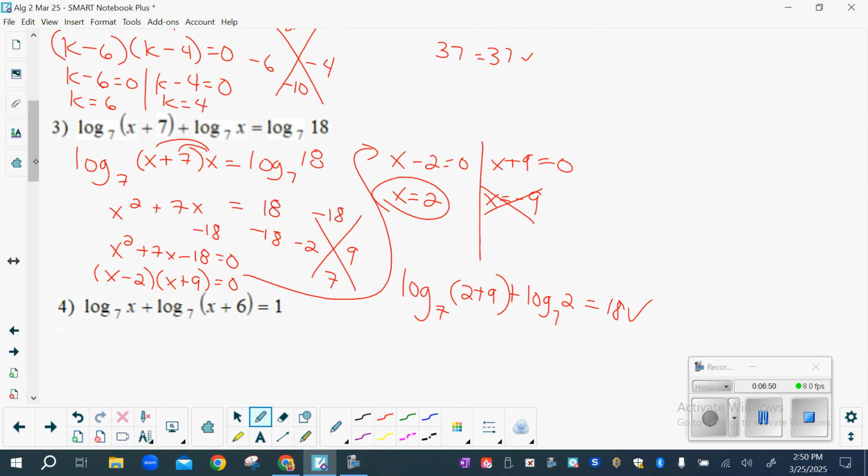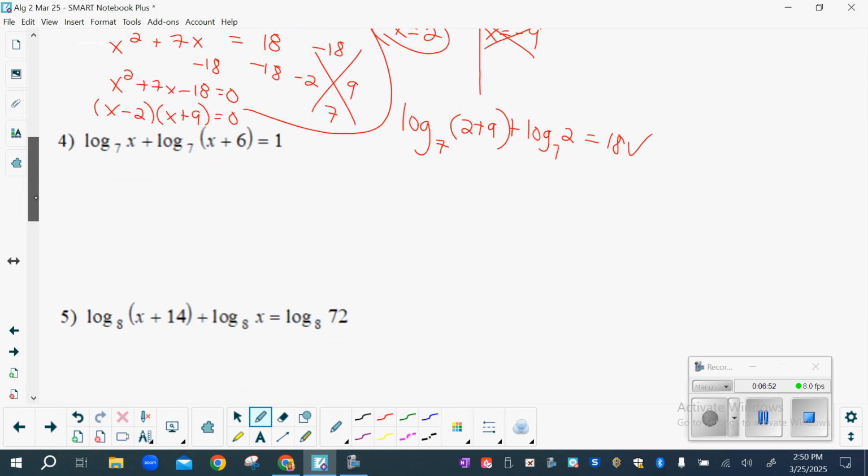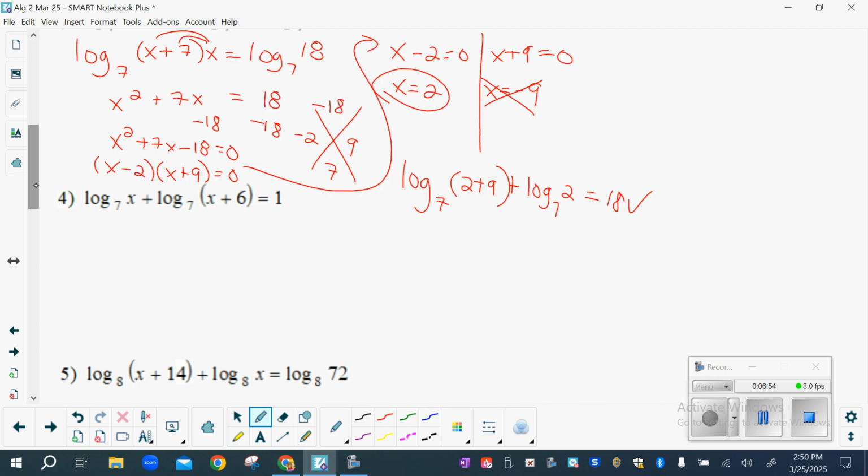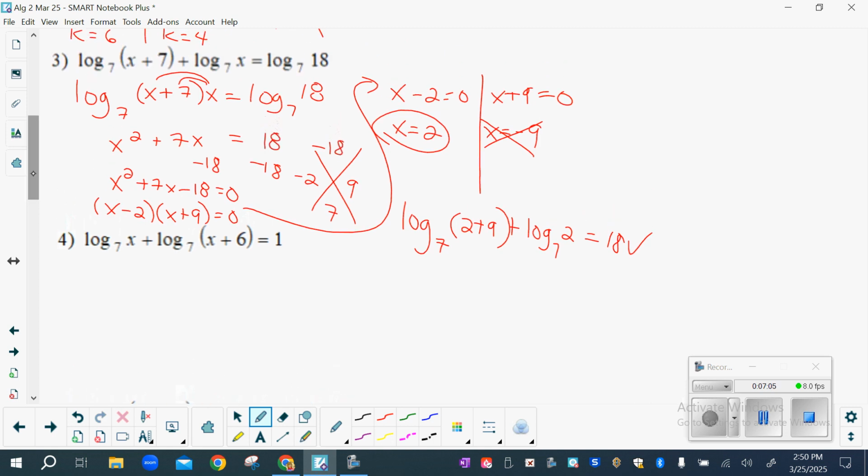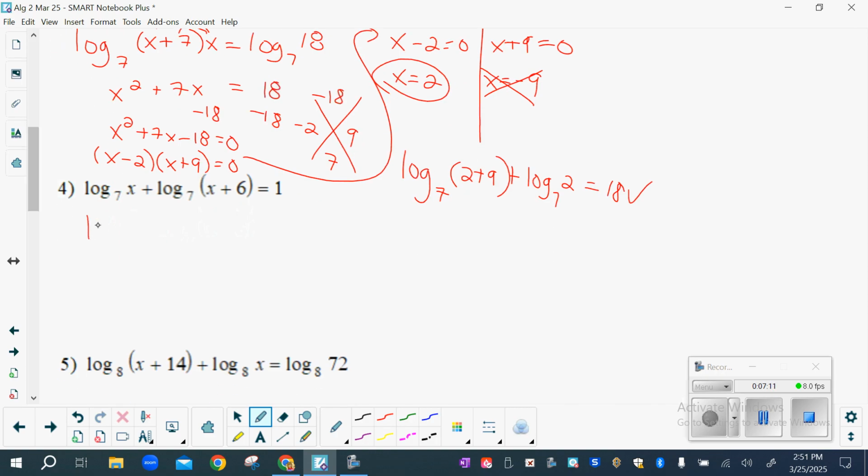One more. What do we do on number 4? Is that a check mark? You can't because there's no log in those. Don't you do like 7 exponent 1 first?